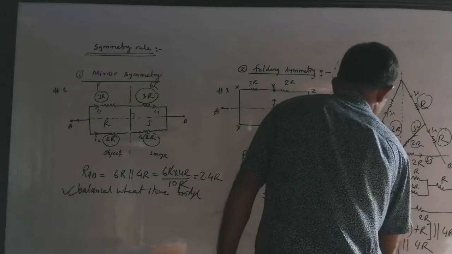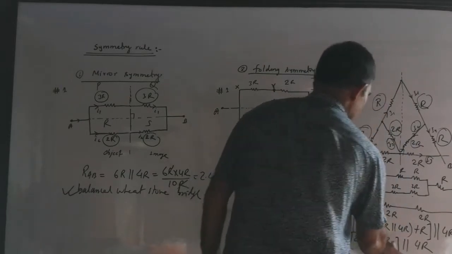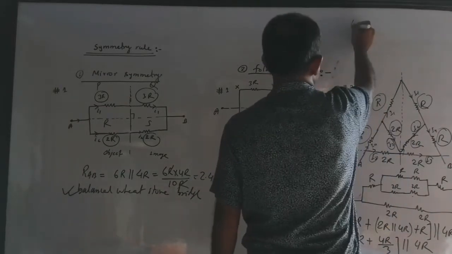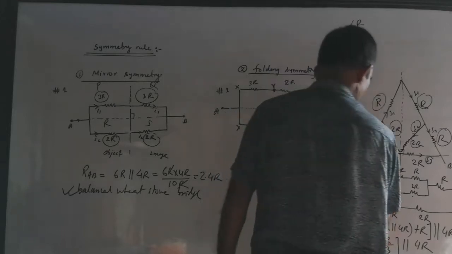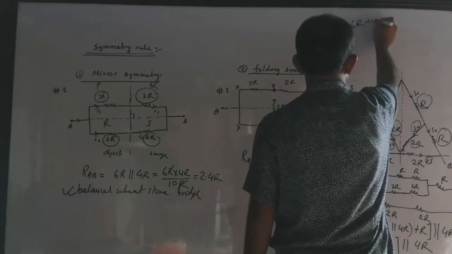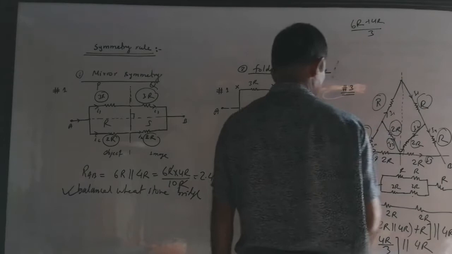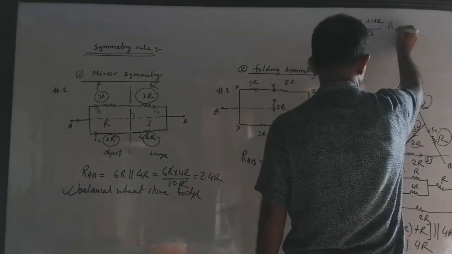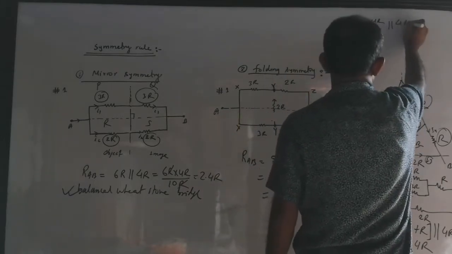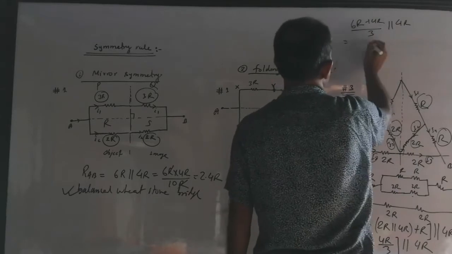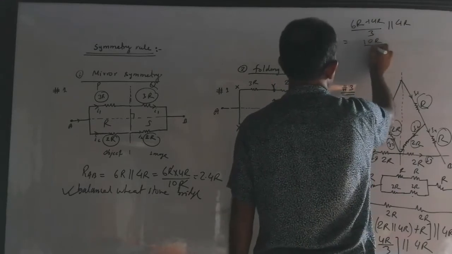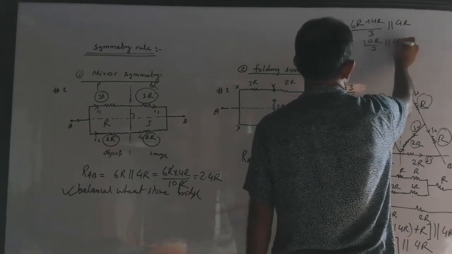Now will you solve this? Of course you can. And so what is 3 to the 6R, 6R plus this is the 4R upon 3, and this is parallel to 4R. So tell me, 6 plus 4 is 10, 10R by 3, parallel 4R.